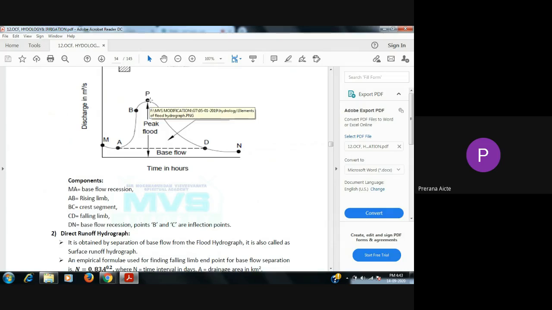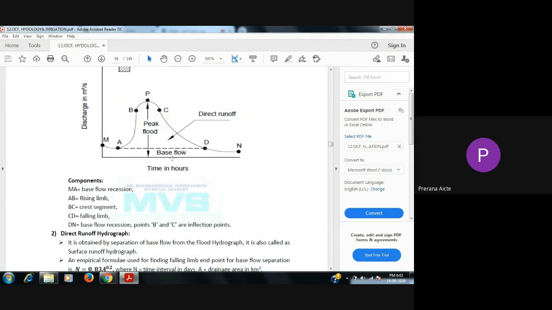After some time the rain slows down, but the runoff still continues. After some time, if you observe, the discharge will be reduced. That is indicated in this figure. This hydrograph is the total hydrograph, meaning whatever flow is obtained from upstream. But base flow is water that percolates to the groundwater, because water is absorbed in the ground, and after absorbing into the ground it will flow to the surface.